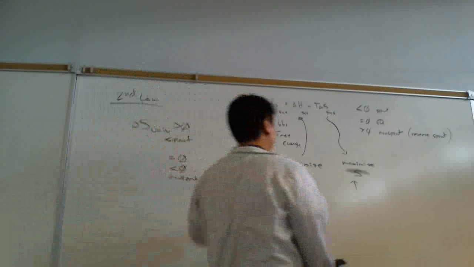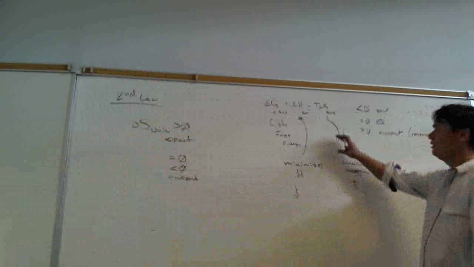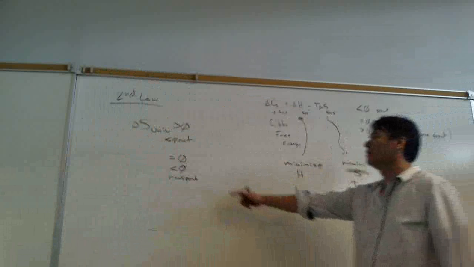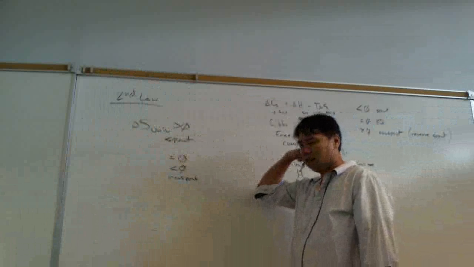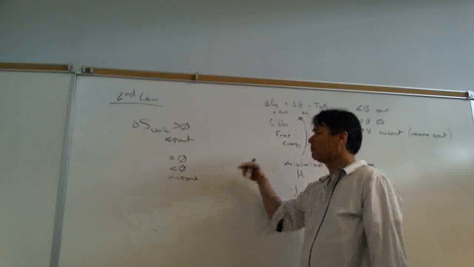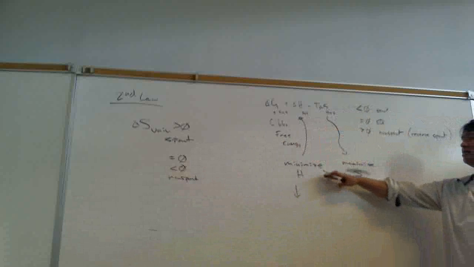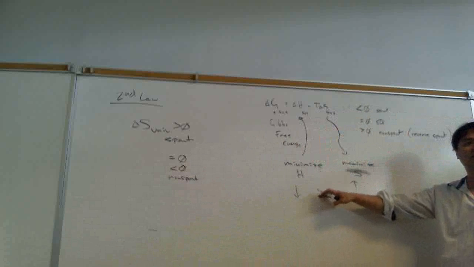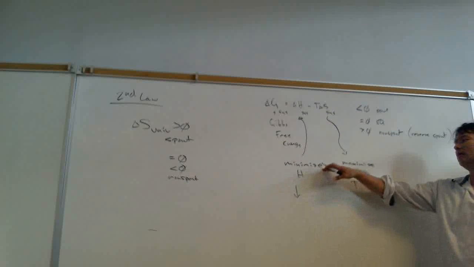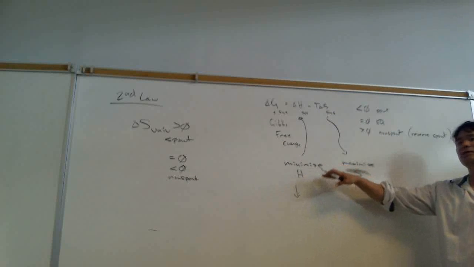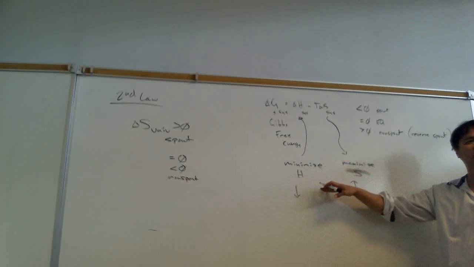So the entropy of the universe is constantly increasing. Otherwise, nothing would happen. And the energy of the universe isn't constantly decreasing. The energy of the universe is fixed. And so when we lose energy of the system, the energy still goes somewhere.